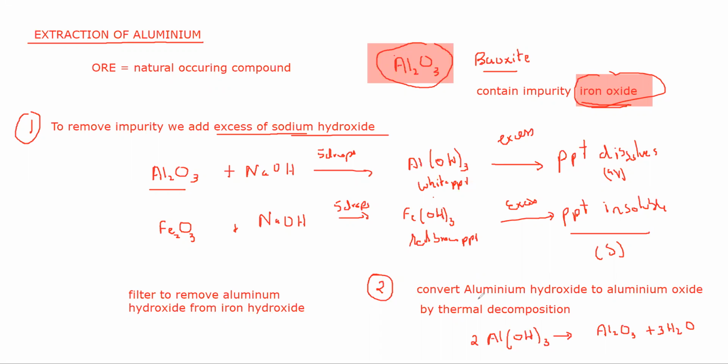And then we want to convert aluminium hydroxide to aluminium oxide, because whenever we extract the metal, we prefer to extract metal from their oxides because oxides are generally easy to react and decompose. So aluminium hydroxide, we supply heat energy, it will produce aluminium oxide plus water. Any doubt in this?